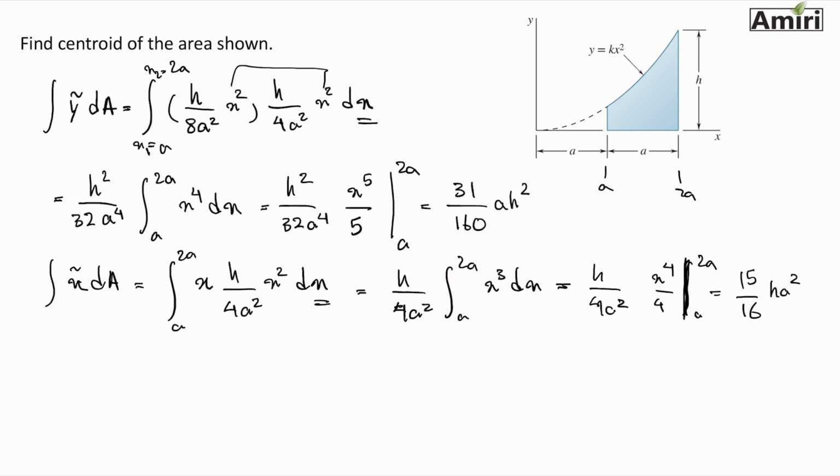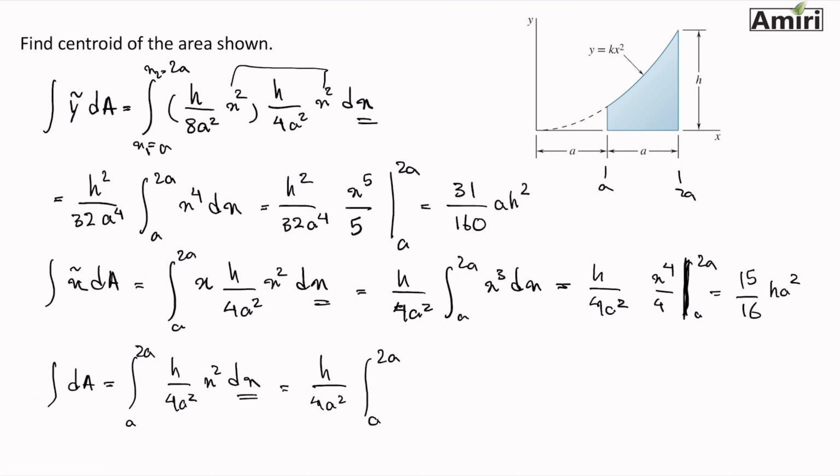And lastly, what I need to do is the integral of dA, which is going to be h over 4a squared x squared dx. Again, when I have dx, bounds of the integral are from a to 2a in this case. h over 4a squared, let's bring it out of the integral, from a to 2a of x squared dx.